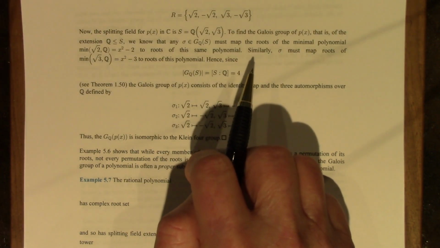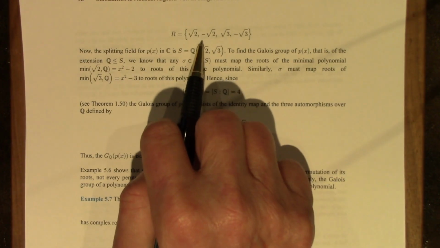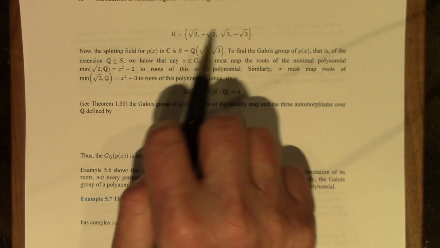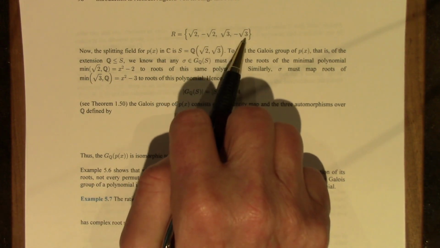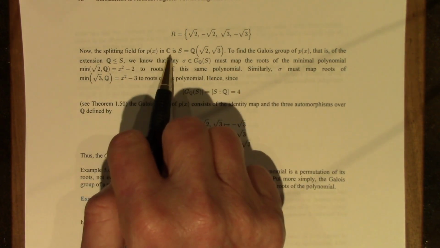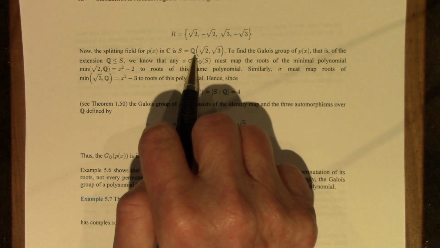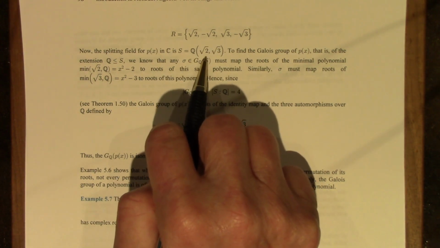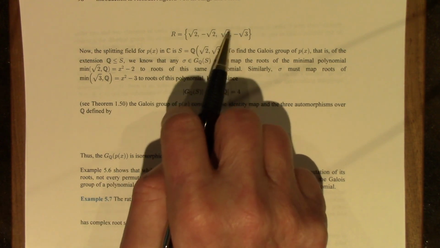The complex root set of this polynomial contains these four real numbers: square root of 2, negative square root of 2, square root of 3, negative square root of 3. The splitting field for P of x in C is Q with these two roots adjoined, which will then catch the other two roots as well.